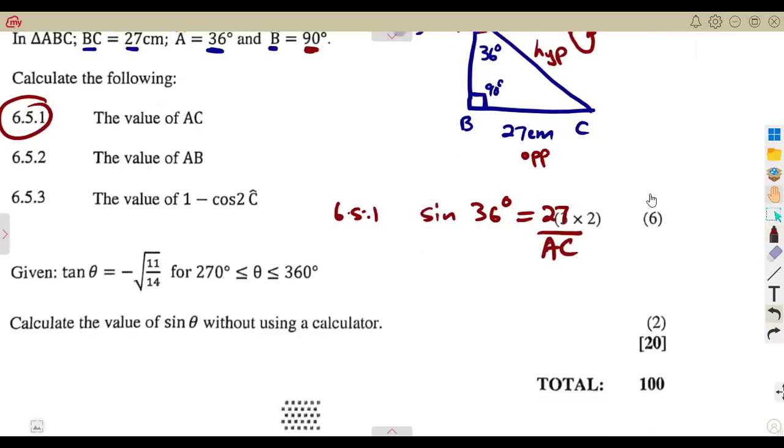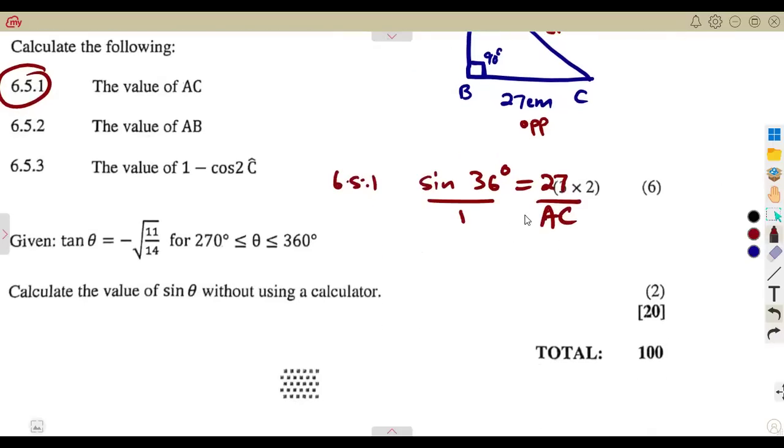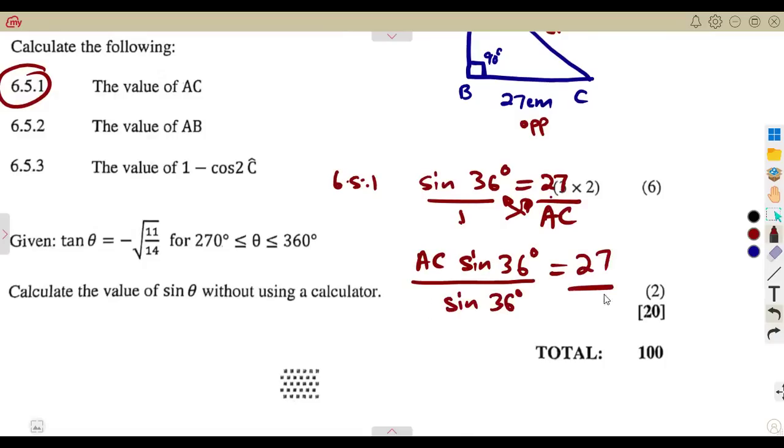You can calculate AC from there. Just cross multiply, then divide. So it's AC times sine 36 equals 27. So you can simply divide by sine 36 both sides. This was going to give us AC equals 27 divided by sine 36.